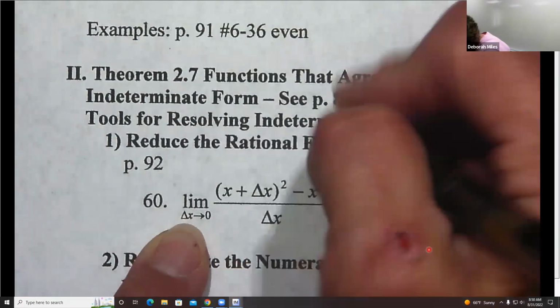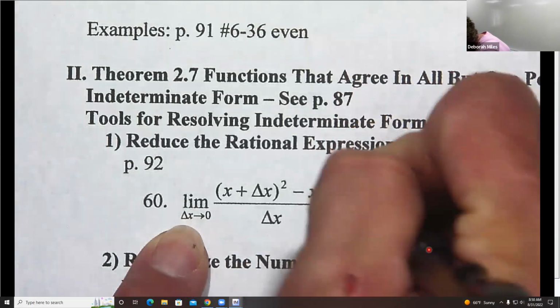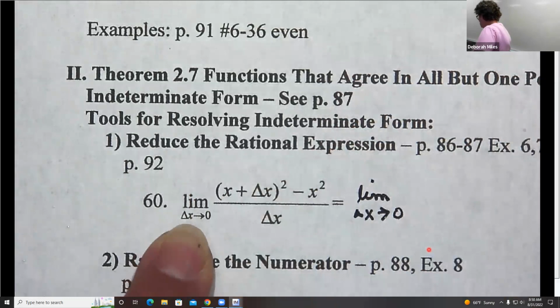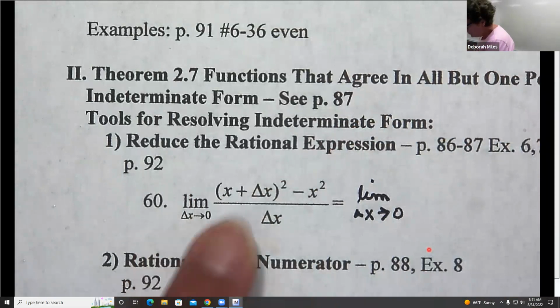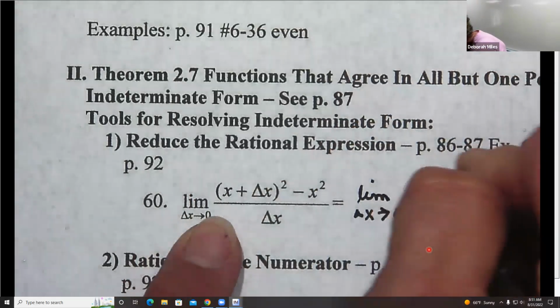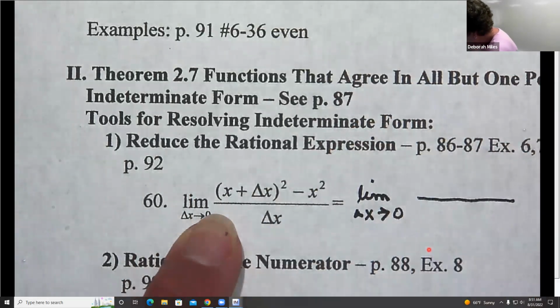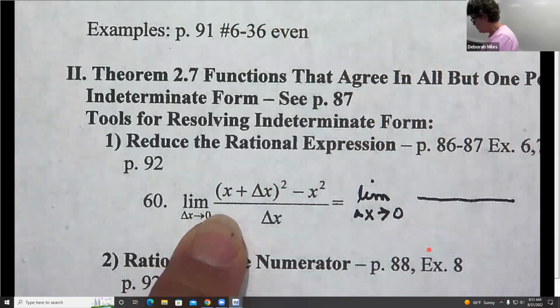And very important, don't lose your limit notation in any step. If you just start working on simplifying that rational expression and lose your limit function, you may not remember to put it back on there. That numerator, I'm going to FOIL out x plus delta x. I'm good at squaring the binomial now.